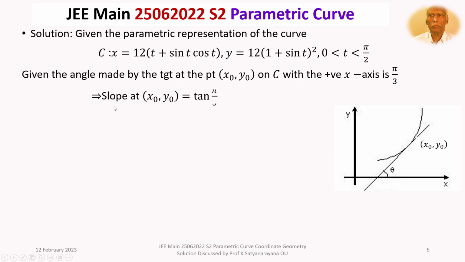This means the slope of the curve C at (x0, y0) is tan π/3. How do we find the slope for a parametric curve? We take dy/dx at (x0, y0), which is equal to tan π/3, that is the slope at (x0, y0). Tan π/3 is √3.